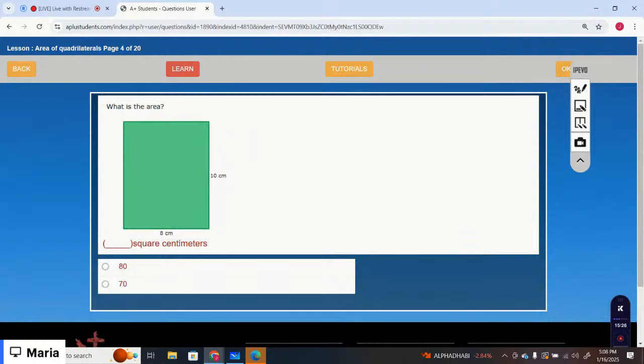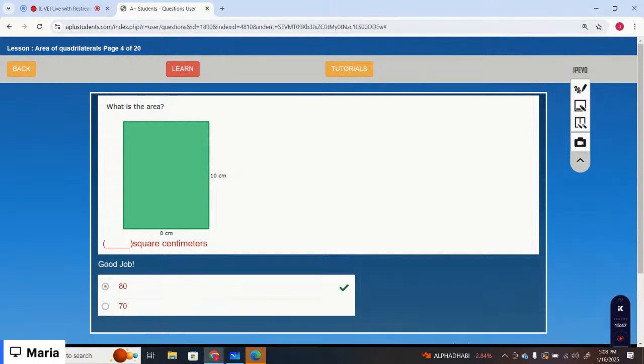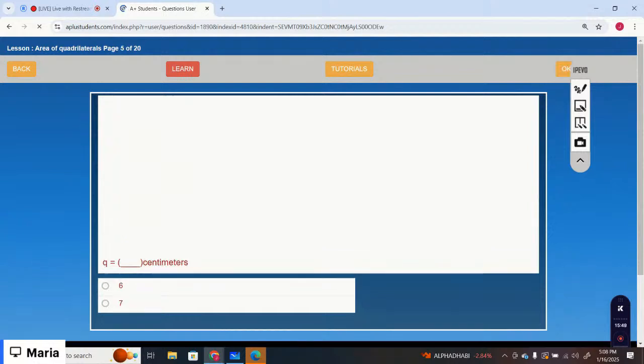What is the area, which is the correct option? That is 10 times 8. The correct option is 80. Option number 1 is the correct option. What is the missing length, which is the correct option?